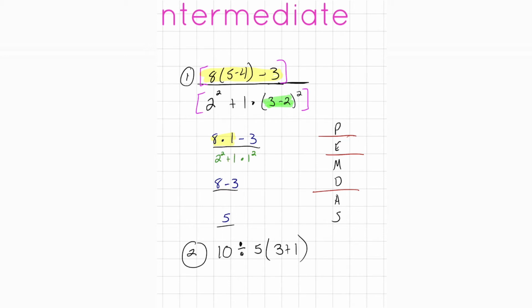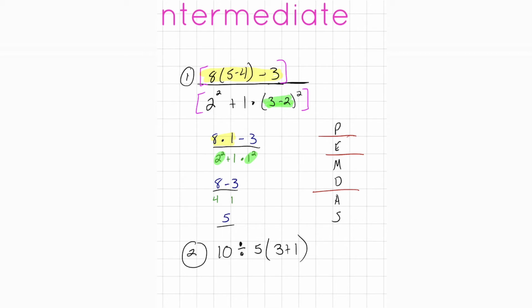So step number 2 for us in our order of operations is taking care of the 2 squared and the 1 squared. That's okay. We have multiple exponents. We can simplify multiple exponents together. So 2 squared, we know 2 squared is 4, and 1 squared is 1.